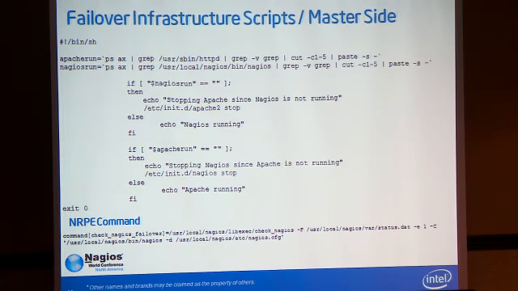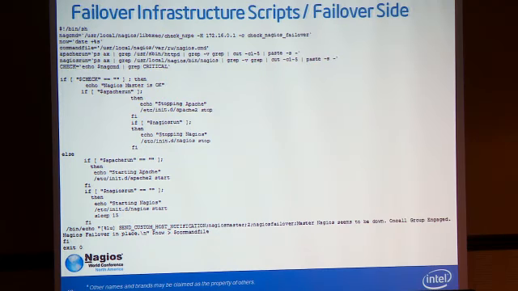Oh, I said the master side, sorry. The failover is when we are checking if Nagios on the master is running with the check Nagios failover nrpe command. And we are checking if the Apache and Nagios is not running.